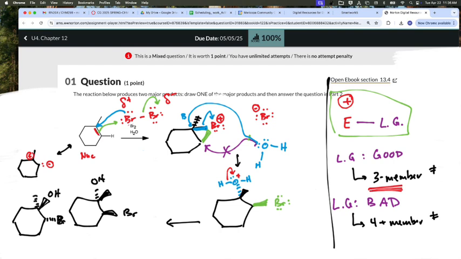So now what's the relationship between these 2 products? Flip the dash line, do it. This would be a case where you need that practice to deal with it. Non-superimposable mirror images. These are enantiomers.